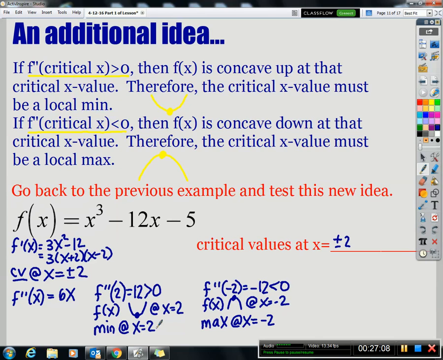And while you won't use the second derivative test all the time, if all you're asked to do is find the maximum of something or the minimum of something and you're not actually curve sketching, this is a great shortcut.